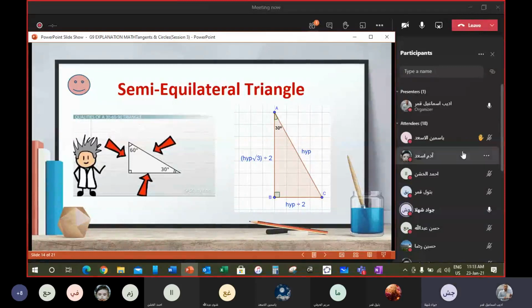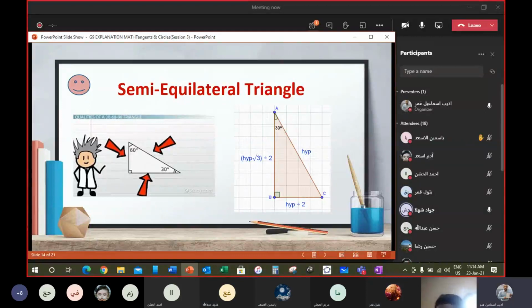AB is the side opposite to angle 60 degrees in this semi-equilateral triangle ABC. شو بتساوي ال AB؟ Hypotenuse radical 3 over 2.